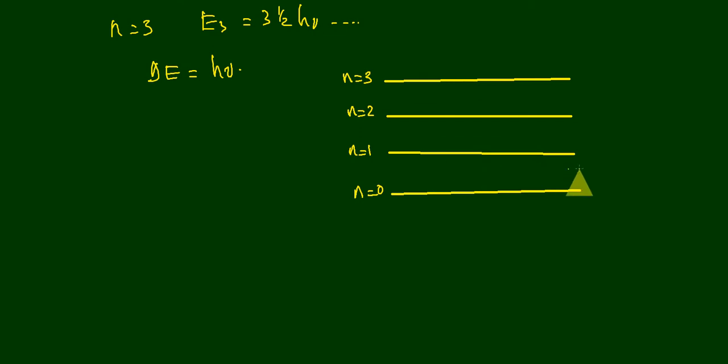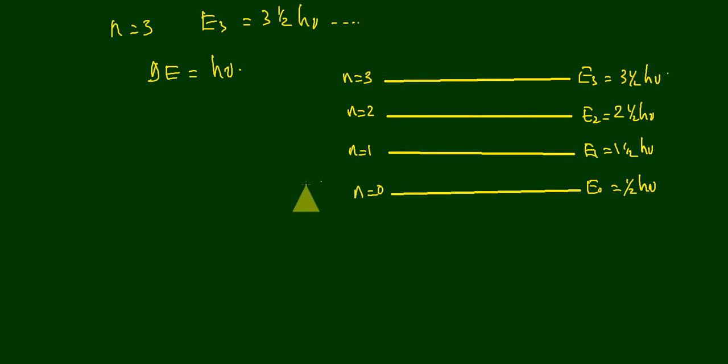The energy levels are E0, which is half h nu, then E1, which is 1 and a half h nu, then E2, which is 2.5 h nu, and E3, which is 3.5 h nu.